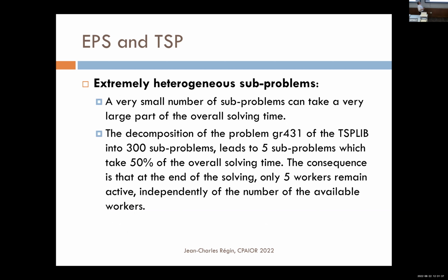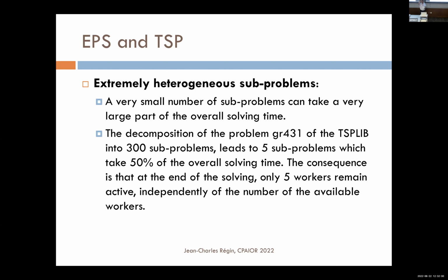And then suddenly we have another thing that appears for 100 cores: a very small number of subproblems can take a very large part of the overall solving time. For instance, if we consider this one, and we decompose into 300 subproblems, only 5 subproblems take 50% of the solving time.